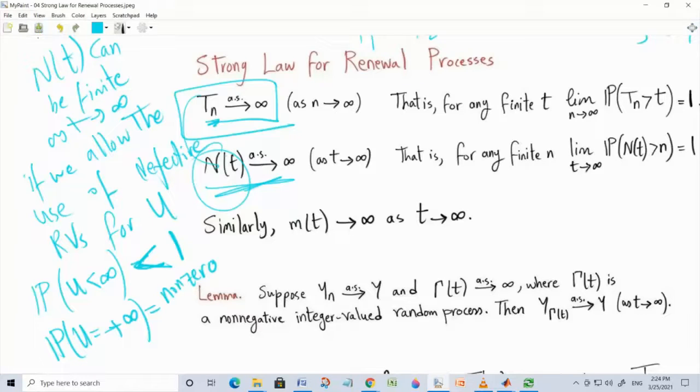So you can use defective random variables.